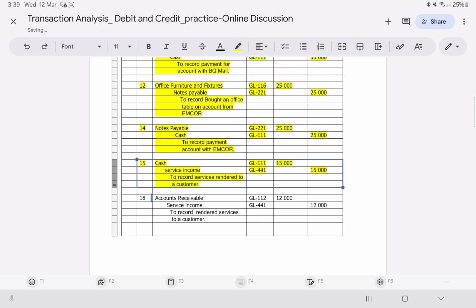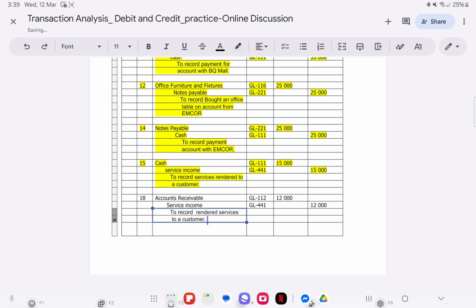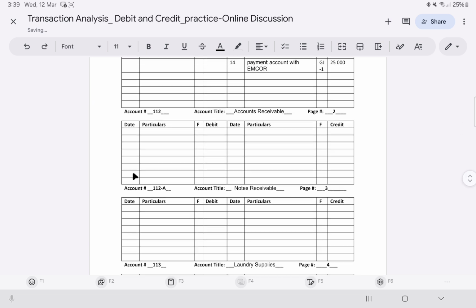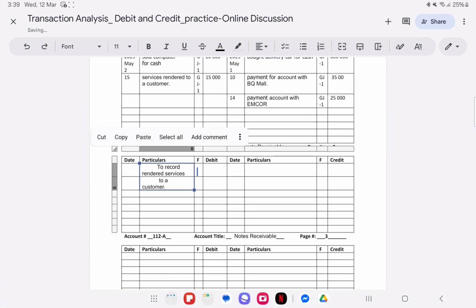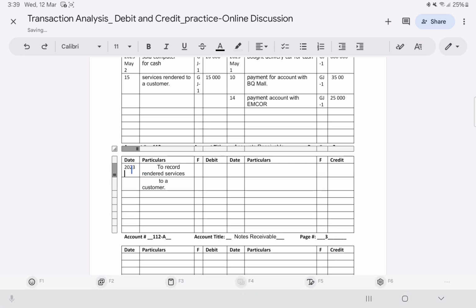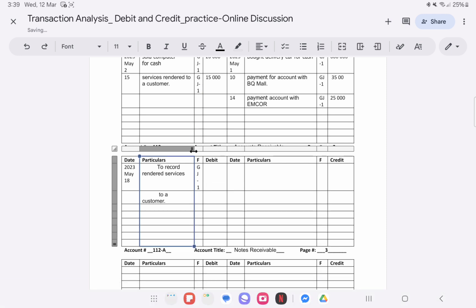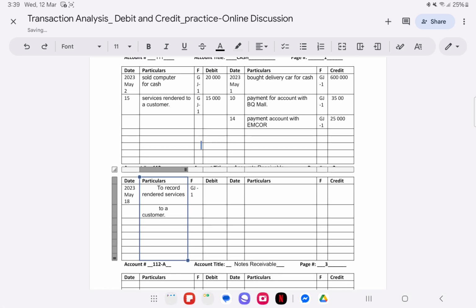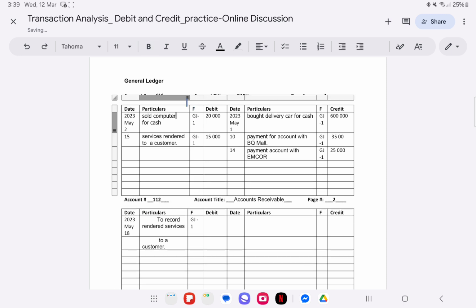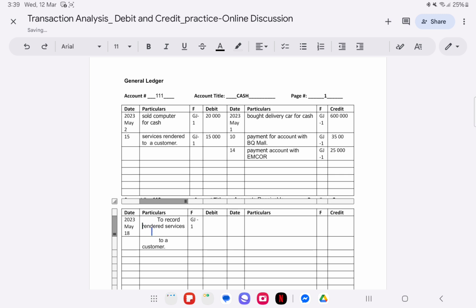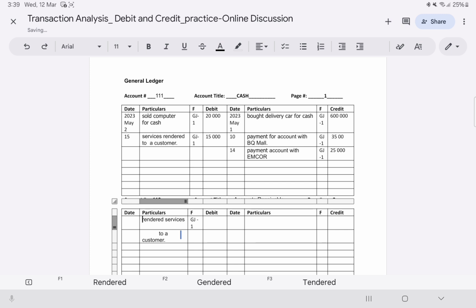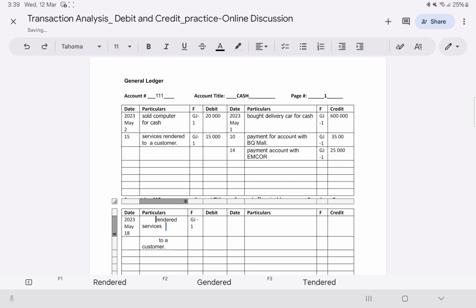So let's proceed to transaction 18. Accounts receivable is your debit, 12,000. 2023 May 18, GG-1. Rendered services to a customer.